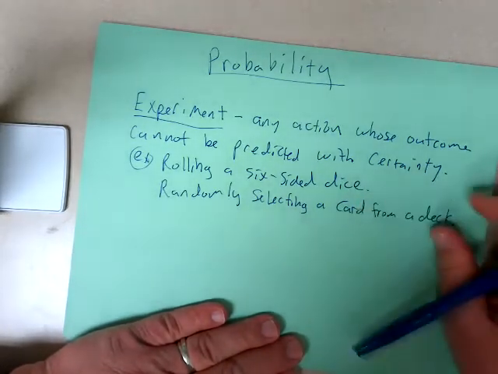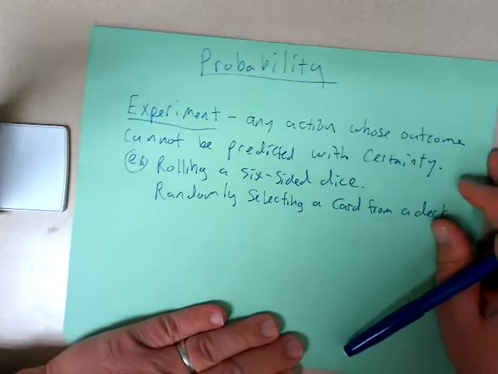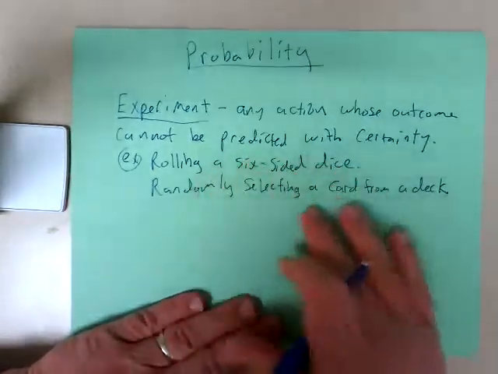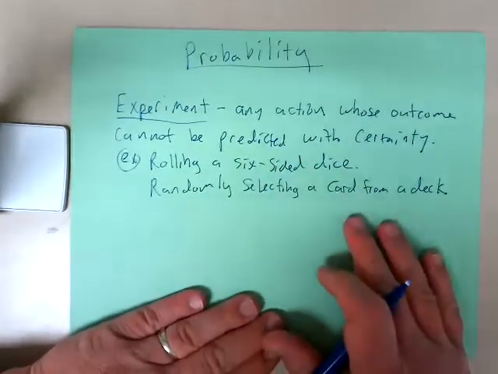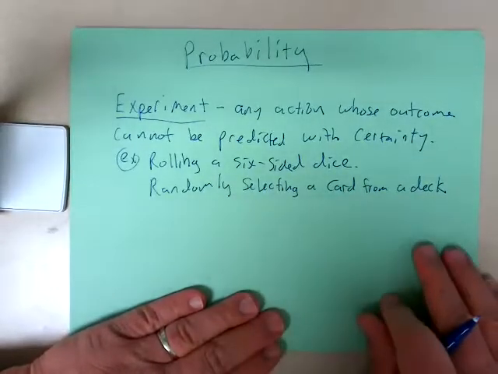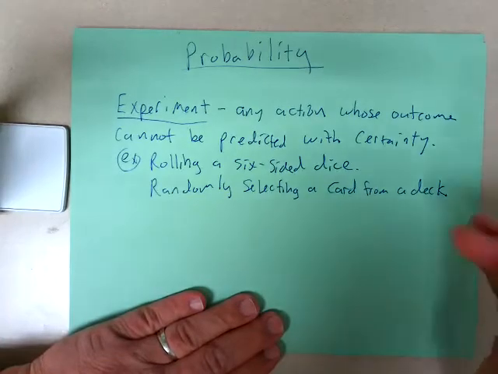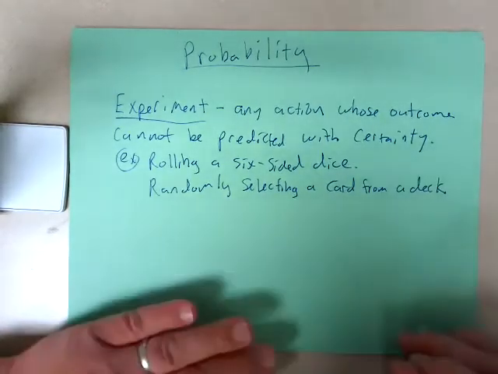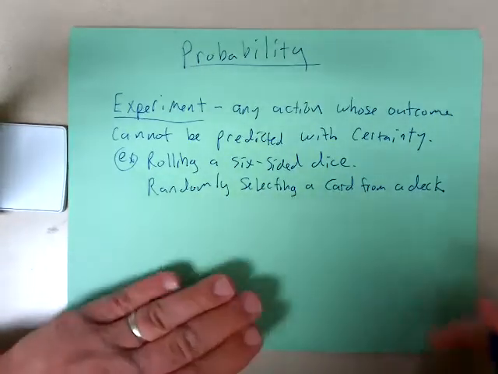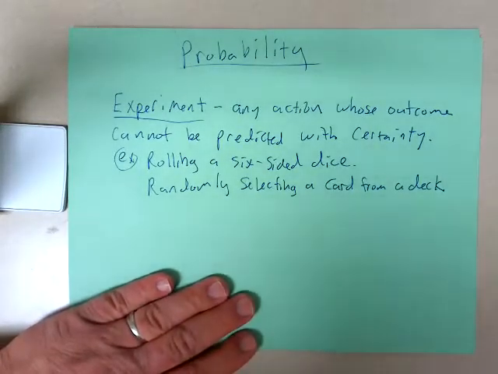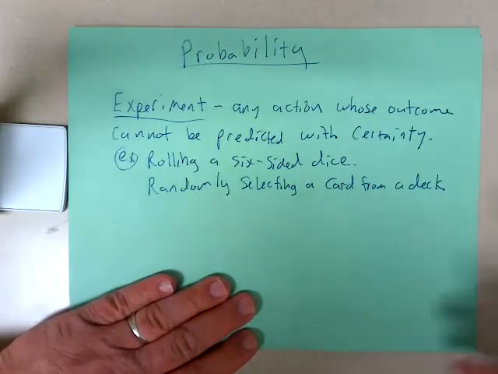Now, these two are very common when you first learn probability, because these are situations that we're somewhat familiar with, rolling the dice or selecting a card from a deck, because we all play games that involve rolling dice or playing cards or whatever. To one extent or another, we all do. But there's all kinds of probability experiments.